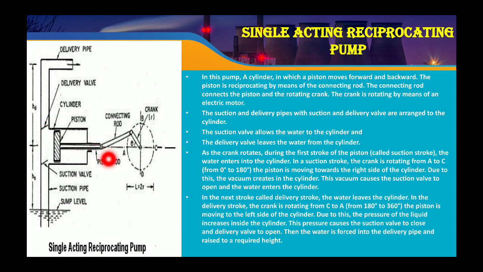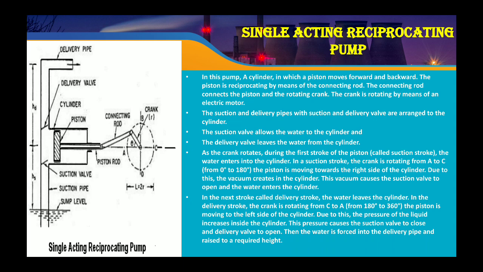When this crank is moving from C to A, that means 180 degrees to 360 degrees, the piston moves towards the left side of the cylinder.